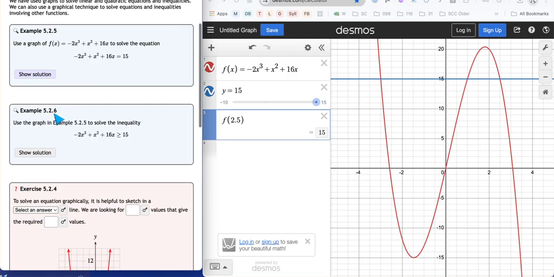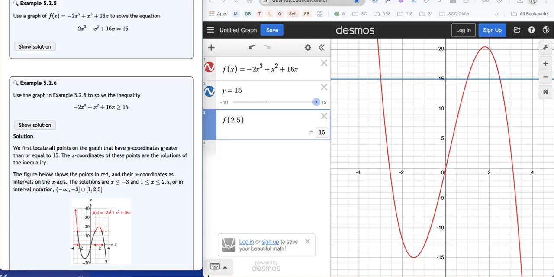Now let's look at 5.2.6, where we're asked to graph and solve the inequality. So we want values where this function is greater than or equal to 15. We already know where they're equal to 15. We got those 3 points. To solve this inequality, we want y values that are larger than 15.